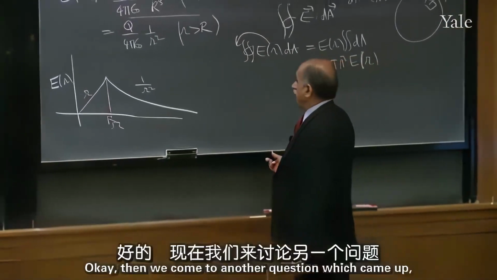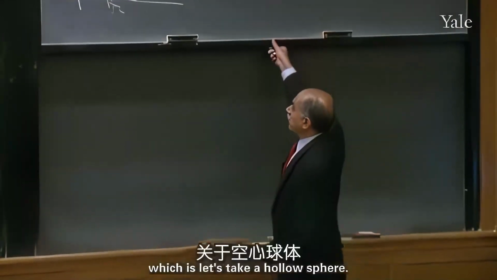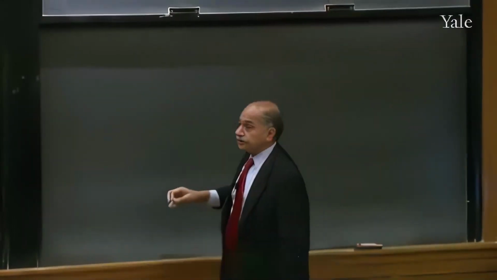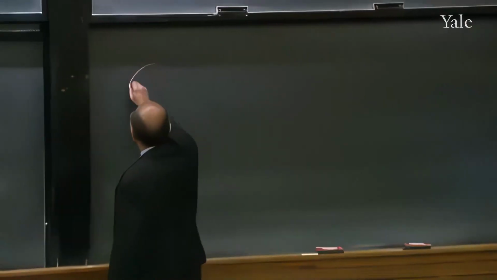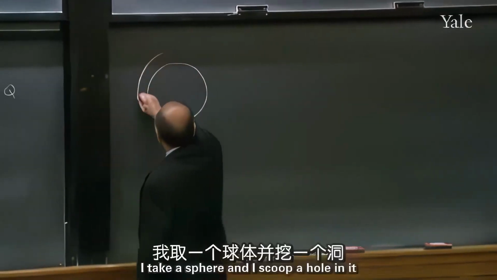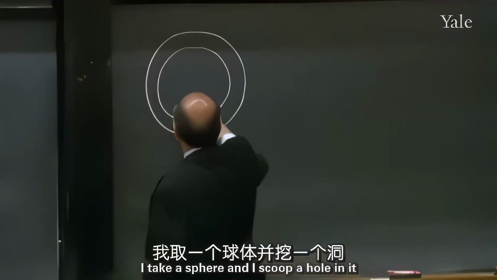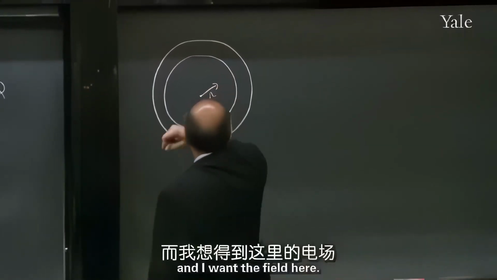Okay, then we come to another question which came up, which is, let's take a hollow sphere. I take a sphere and I scoop a hole in it, and I want the field here.